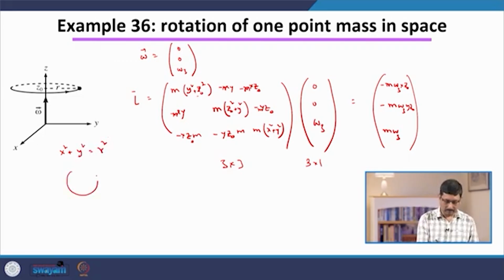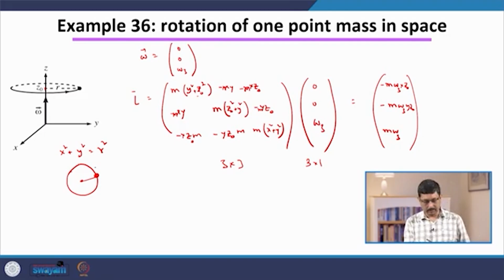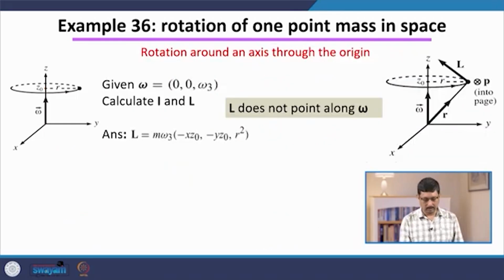It will be clear if you look from the top. This is our center, this is our point mass, and this is any point with coordinates x and y. From the top, it is clear that x square plus y square is r square. So, let us check that we get the right answer.